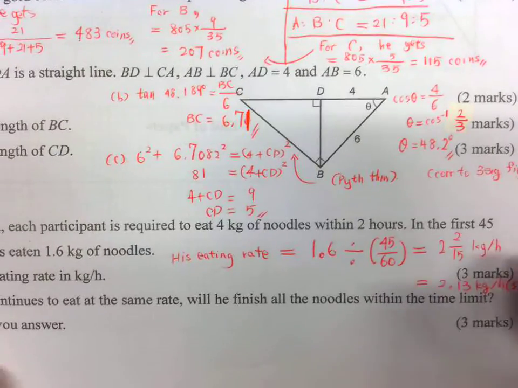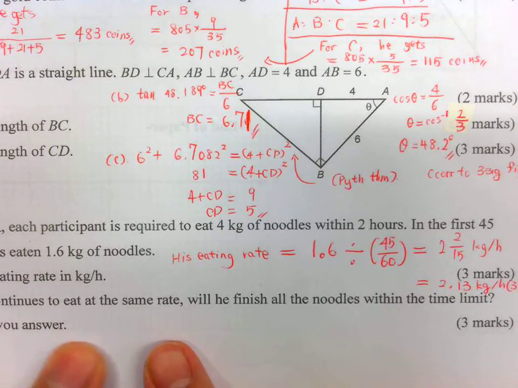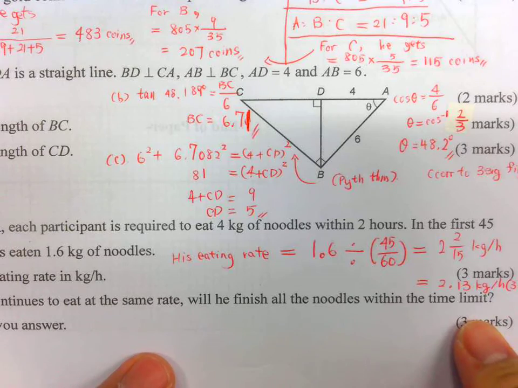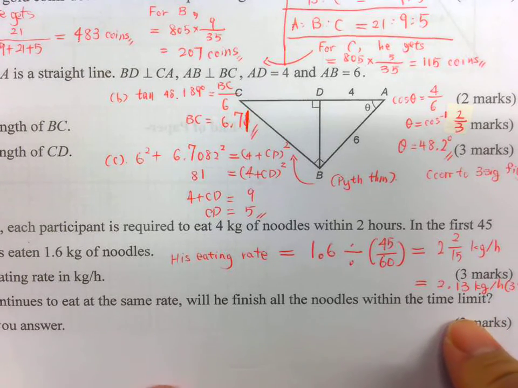Okay, and that is why if Sam continues to eat at the same rate, will he finish all the noodles within the time limit? So actually you can just do the calculation like this.